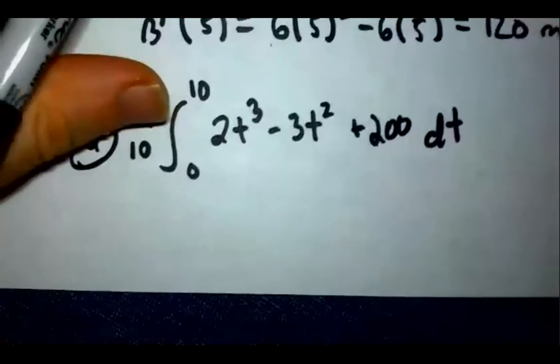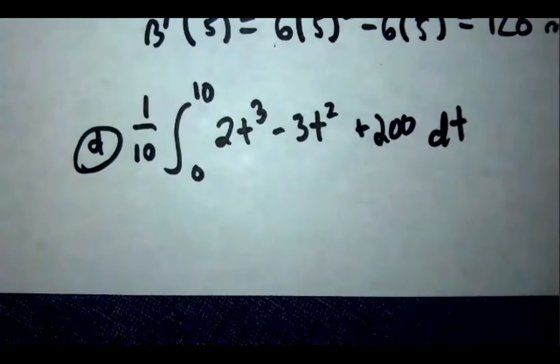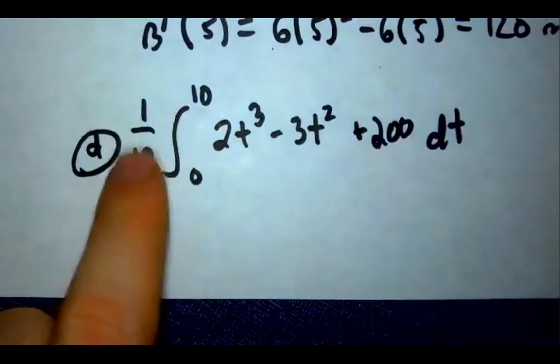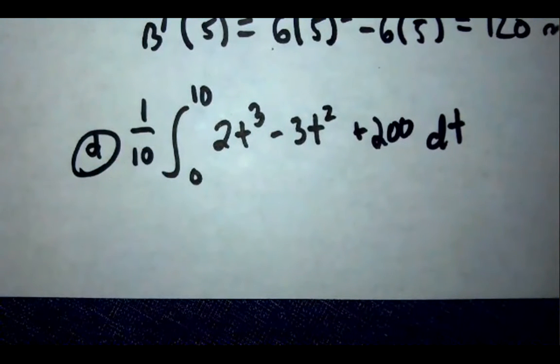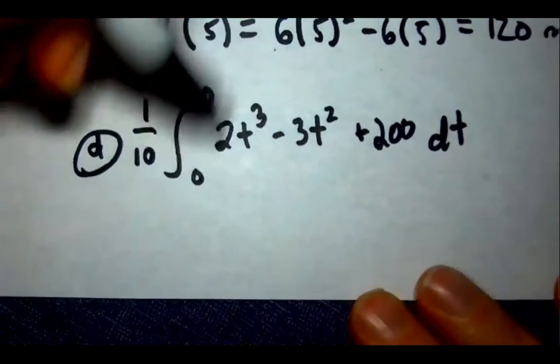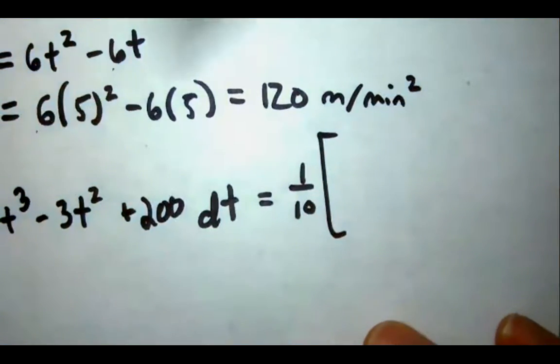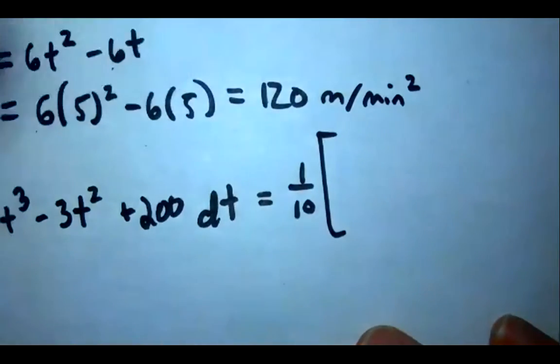Now you need to go through and do that problem. Average value is 1 over b minus a times the result of the integral. So 1 over 10 minus 0 times the result of that integral. So you're going to integrate this, and this would be 1 over 10 times, when you integrate that, that's t to the 4th over 4.